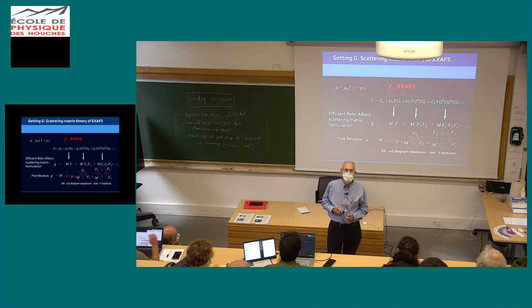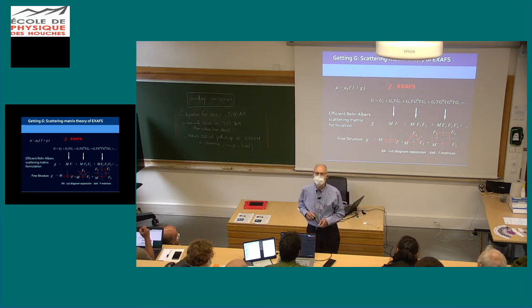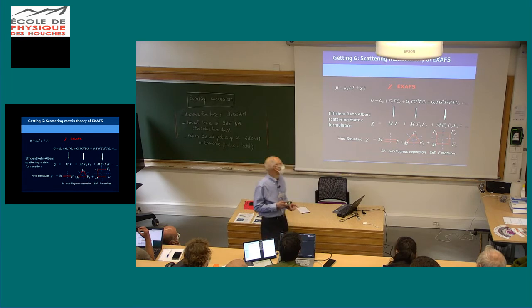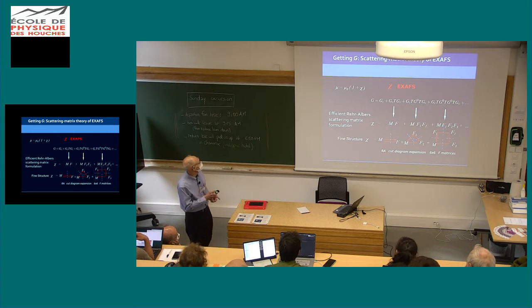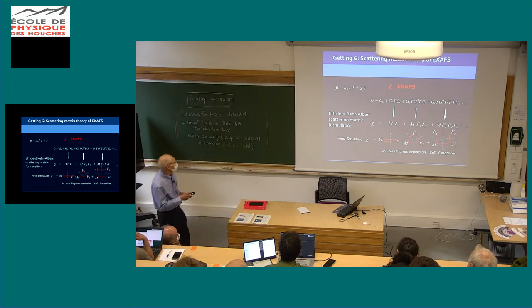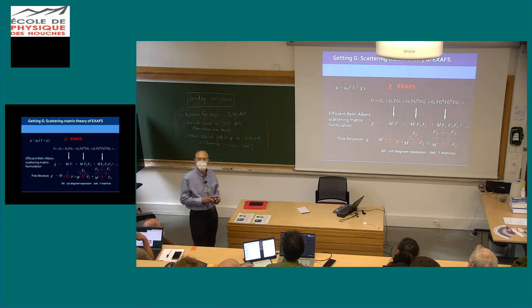So I stared at that, and believe me, I stared for a very long time, and realized that if we could make a separable representation of the Green's function, then maybe we could make this faster. So what you have to imagine is rewriting this, taking every Green's function line and cutting it in half.